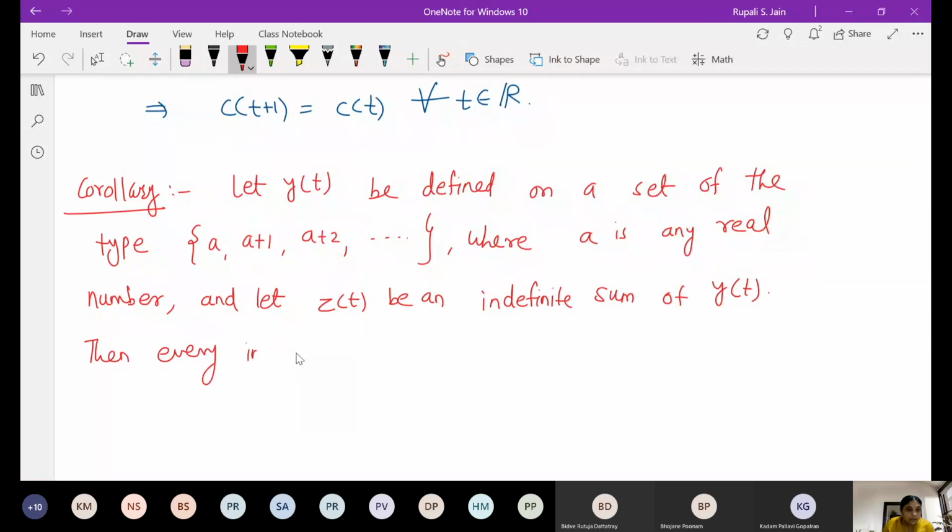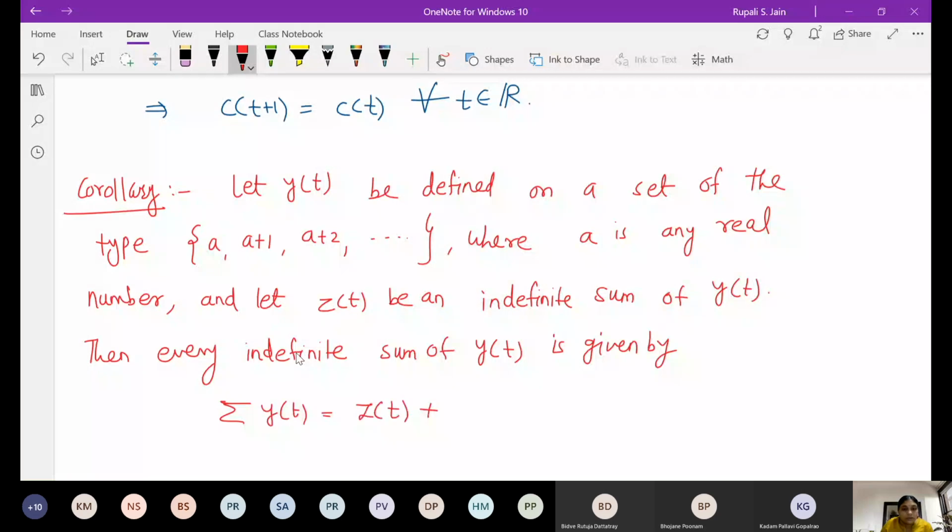every indefinite sum of y t is given by summation y t is nothing but z t plus what will be here? Constant C, because you can see it is integers: A plus 1, A plus 2, and so on. Plus 1, plus 2, plus 3, and so on.